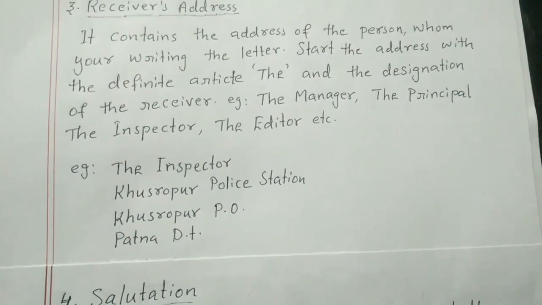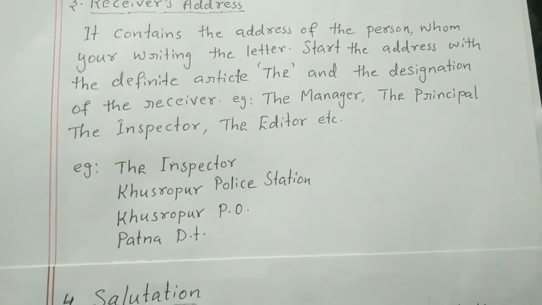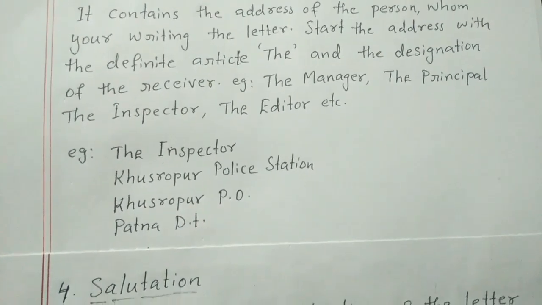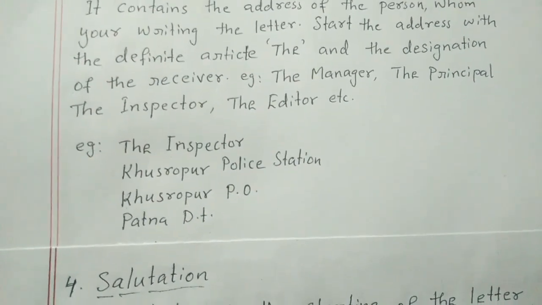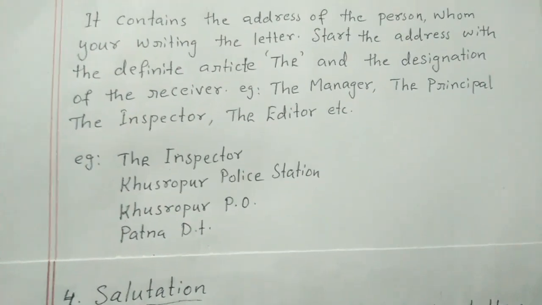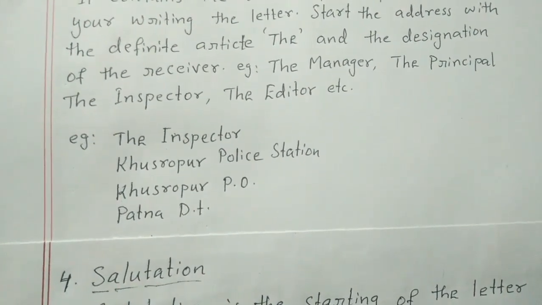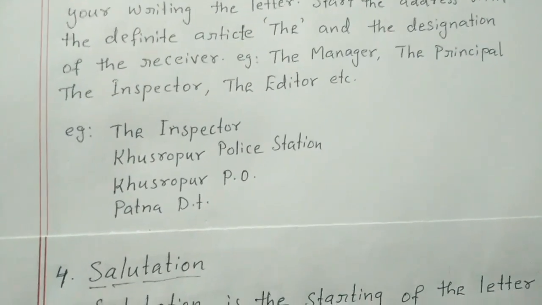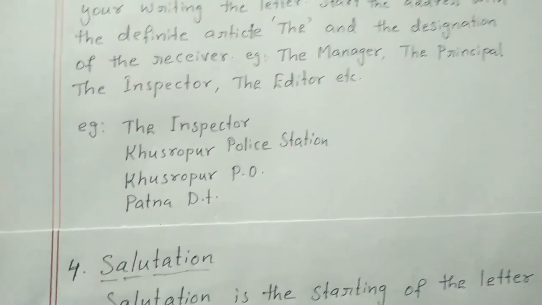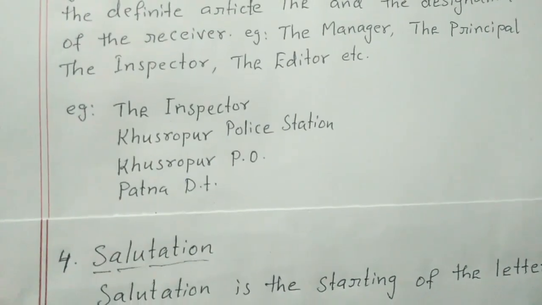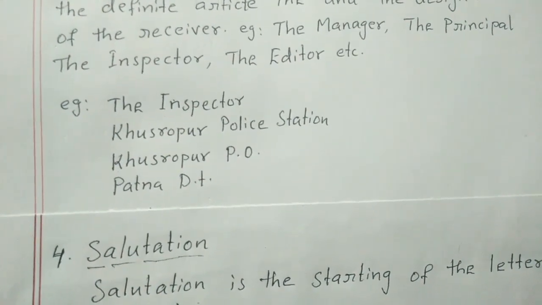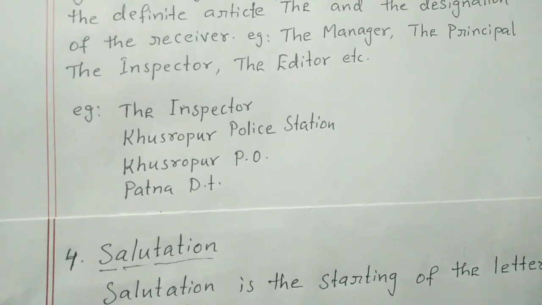And with the full address, one receiver's address is given. Example, suppose you are writing to an inspector to give a complaint, then the receiver's address should be like this: the inspector, Khusropur police station, Khusropur PO, Patna district.